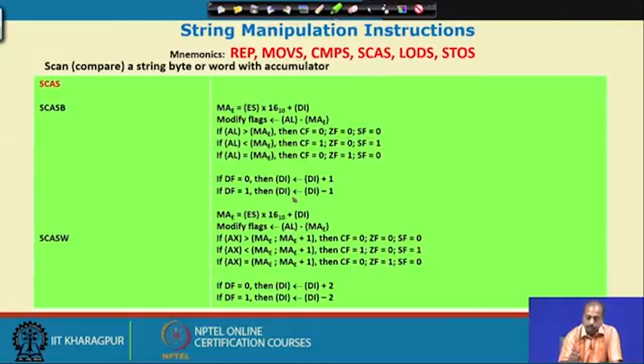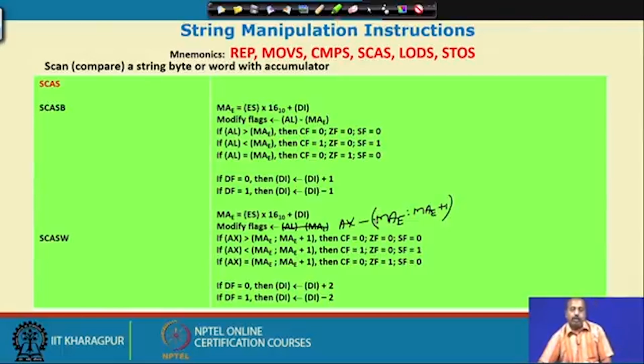This should be AX minus the content of MAE colon MAE plus 1. These two values should be compared, and if AX is greater than this quantity, then the flag setting will be like this, otherwise the flag setting will be the other way.